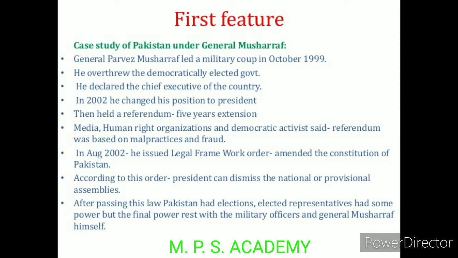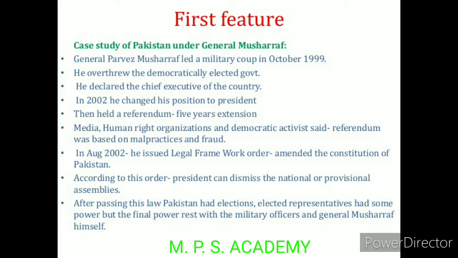Case study of Pakistan under General Musharraf. Now, General Musharraf led a military coup in October 1999. He overthrew the democratically elected government. He declared himself the chief executive of the country, and in 2002 he changed his position to president. Then he held a referendum for a 5 year extension.